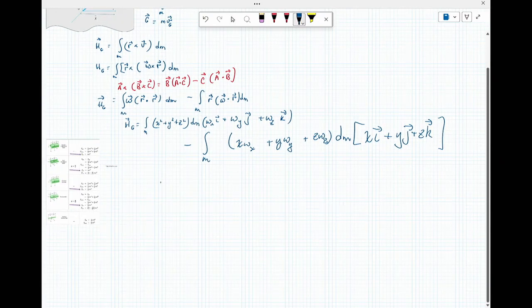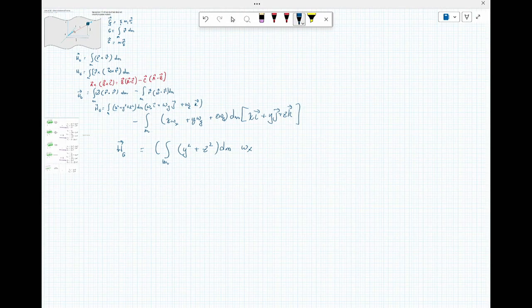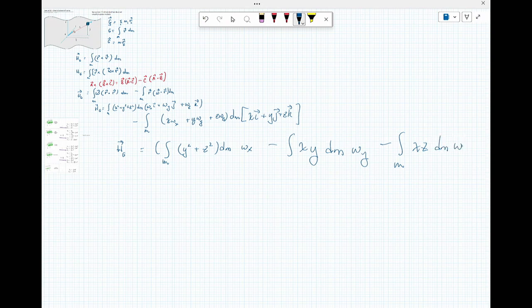So if you do this, you can write H sub G is equal to the integral of the mass of y squared plus z squared dm omega x, it's going to be a big term, minus the integral of xy dm omega y minus the integral of xz dm omega z.